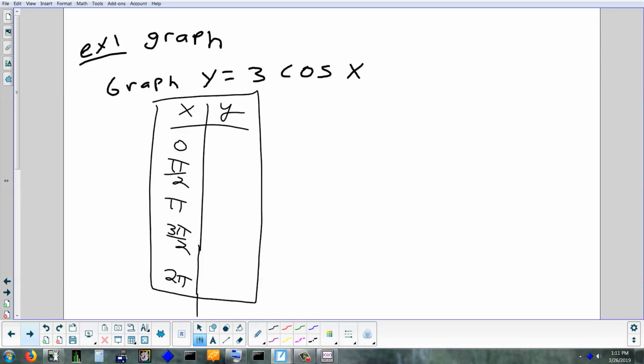Right, so Jasmine, what are my y values for cosine? And this time we got to make sure we look at the right table. 1, 0, -1, 0, 1. Yep. So there's my old y values. And now the last step, Kyle, what am I going to do to each one of those?